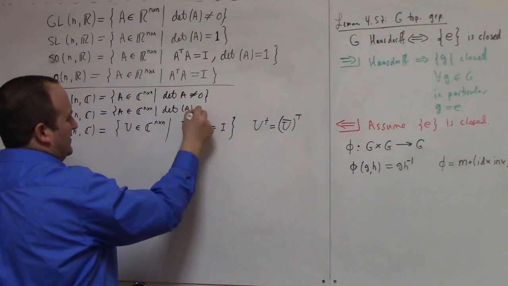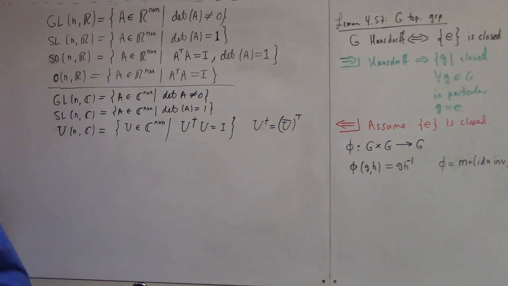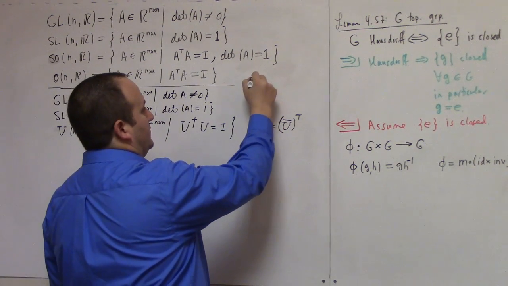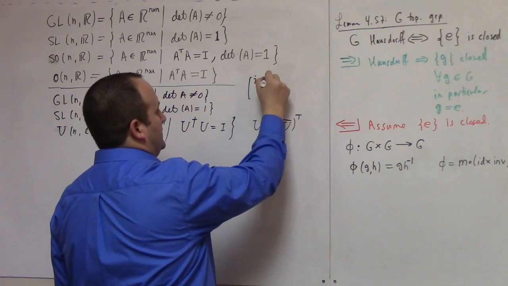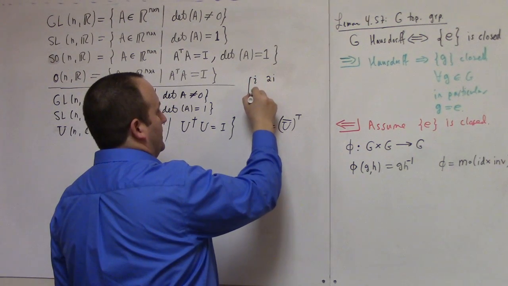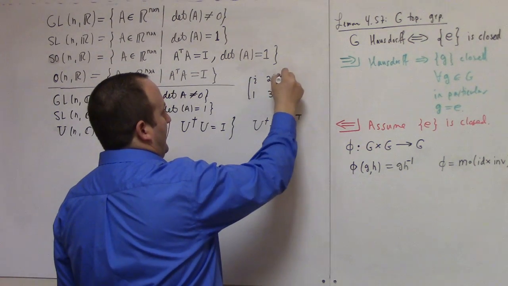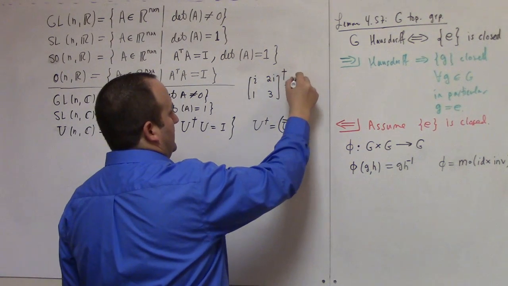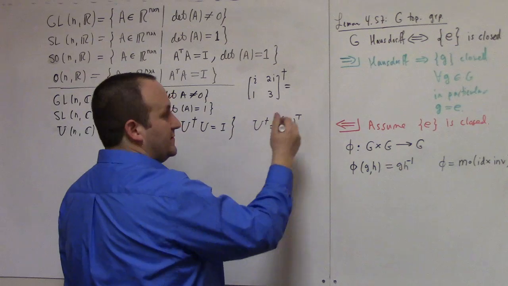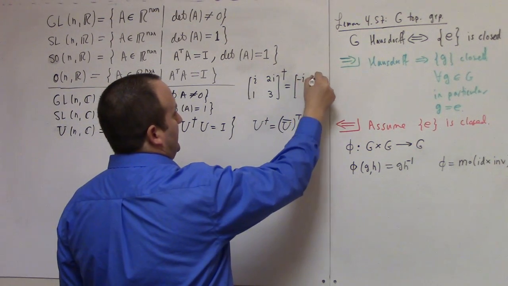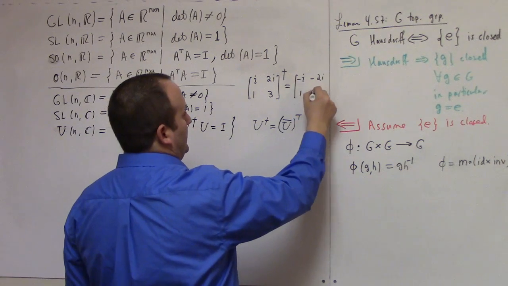So U conjugate, the matrix conjugate, would just be every individual component of U replaced by its complex conjugate. Let's look at an example: the matrix with rows i, 2i and 1, 3, dagger. You can do either one first, it doesn't really matter. I'll do the conjugate first: minus i, minus 2i, 1, 3.